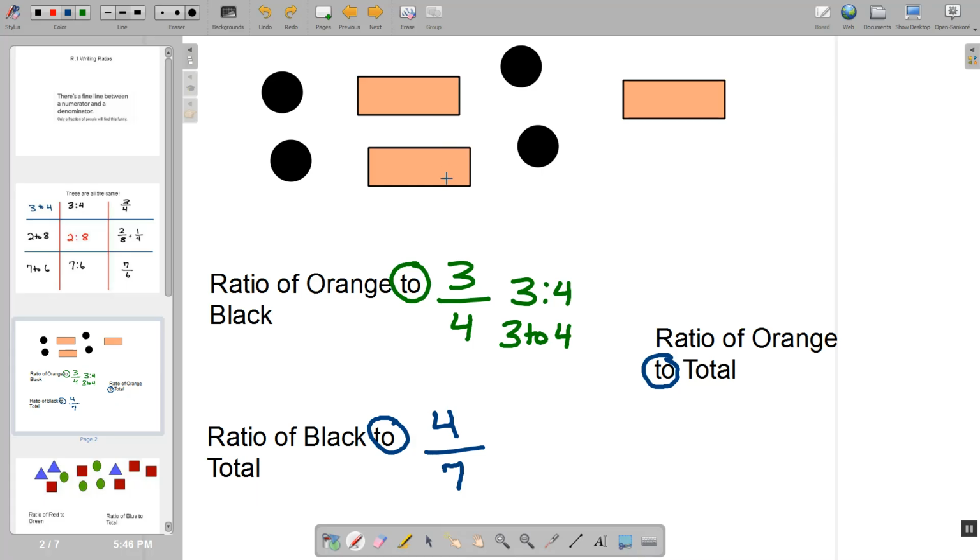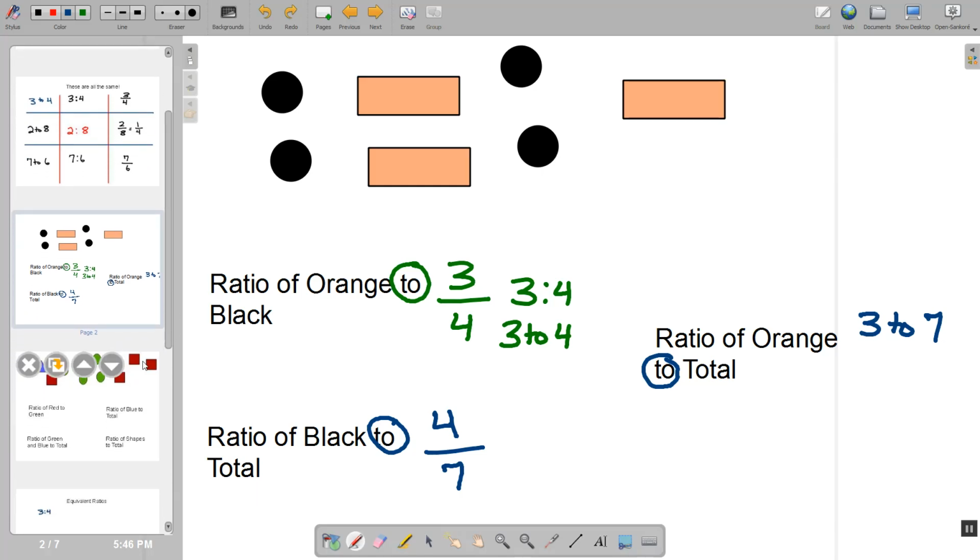Well, this time it's going to be 1, 2, 3 to 7 total. Very, very important that you read carefully on the directions when we're working with ratios, because these 3 ratios all look different, but they represent the same information. It just depends on what you're being asked for.